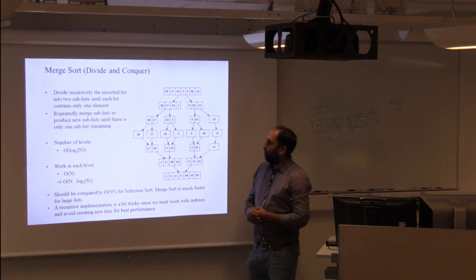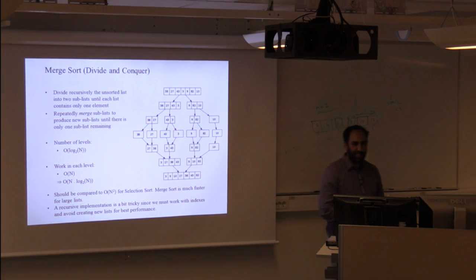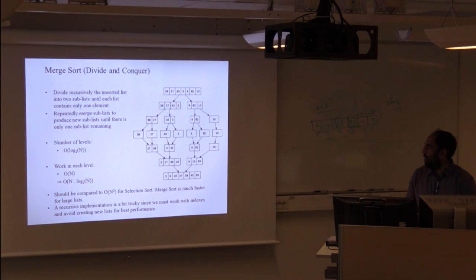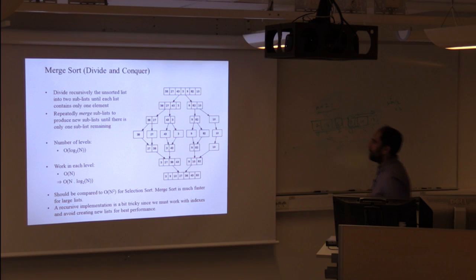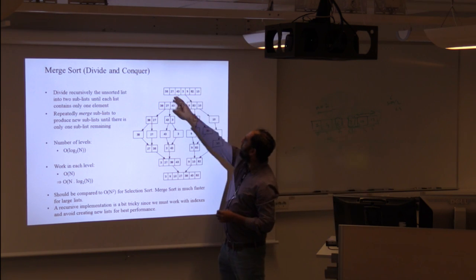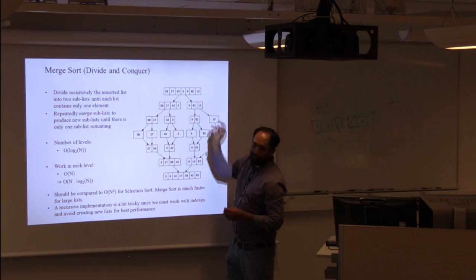And about the time complexity of this algorithm, any idea? What will be the time complexity of this? How many levels are there? If you think in terms of size, what is the size here? 1, 2, 3, 4, 5, 6, 7.